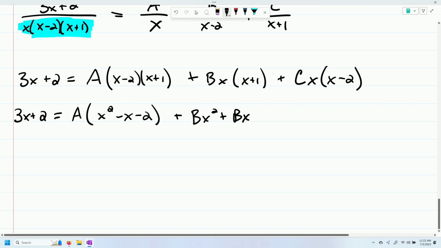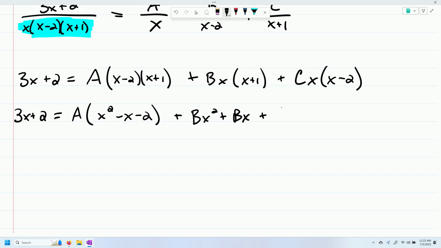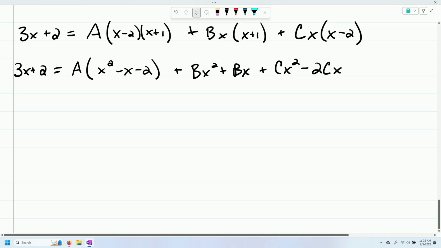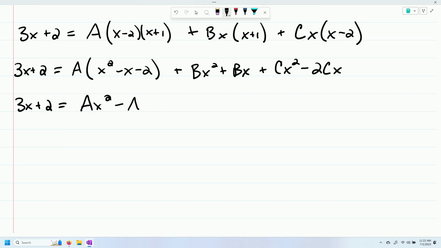And finally for c, it's going to be cx squared minus 2cx. Okay? Now, I'm just going to distribute the letter a. So we get 3x plus 2 equals ax to the second minus ax minus 2a plus bx to the second plus bx plus cx to the second minus 2cx.